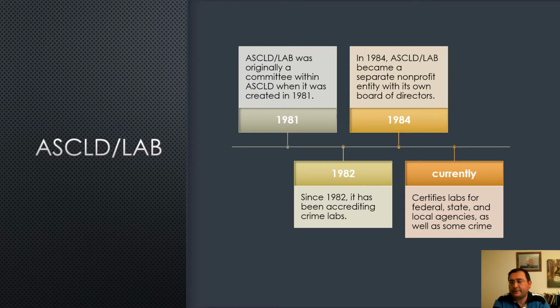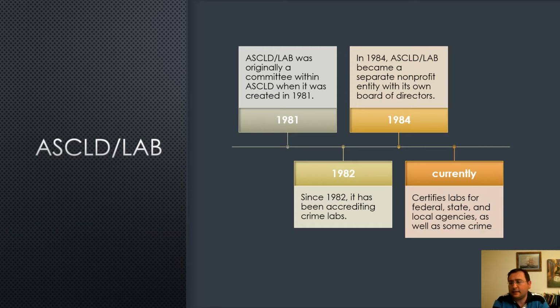ASCLD/LAB was originally a committee within ASCLD when it was created in 1981, and in 1984 ASCLD/LAB became a separate non-profit entity with its own board of directors. So this is when they were separated.